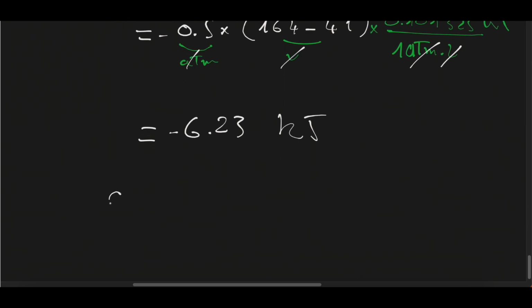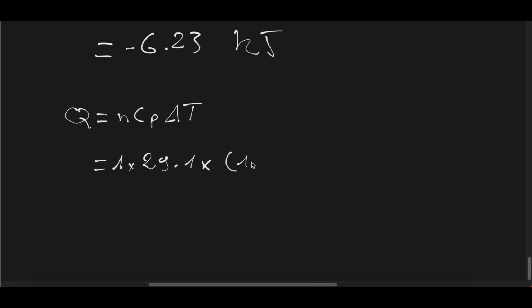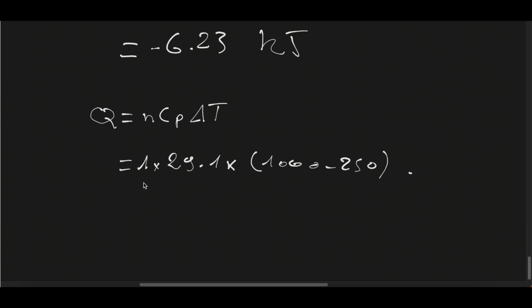Now for the heat exchange during this process, it has the expression n Cp delta T. Here we replace each variable: 1 times 29.1 times 1000 Kelvin minus 250 Kelvin.